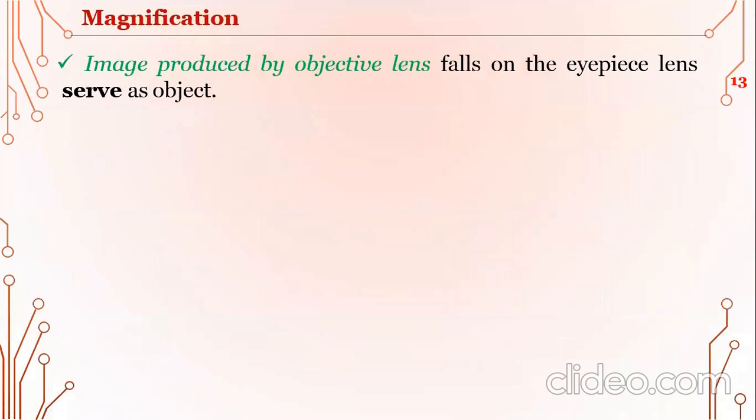The image produced by the objective lens falls on the eyepiece lens and serves as an object.